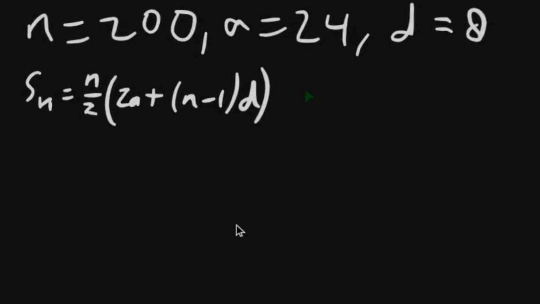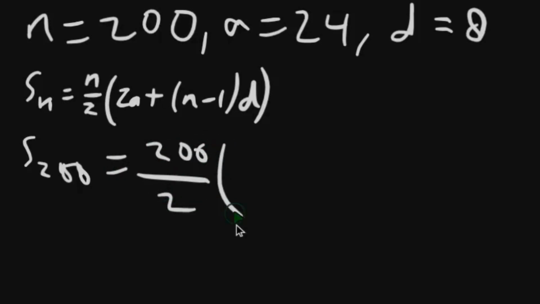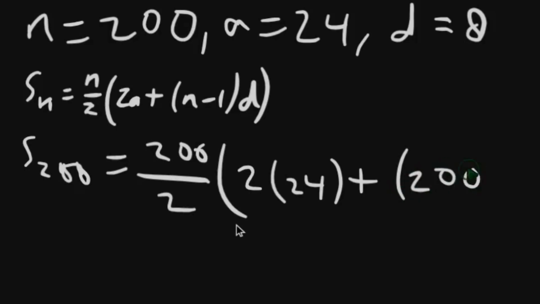Substituting n as 200, Sn equals 200 divided by 2 times 2 times 24, plus 200 minus 1 times 8.